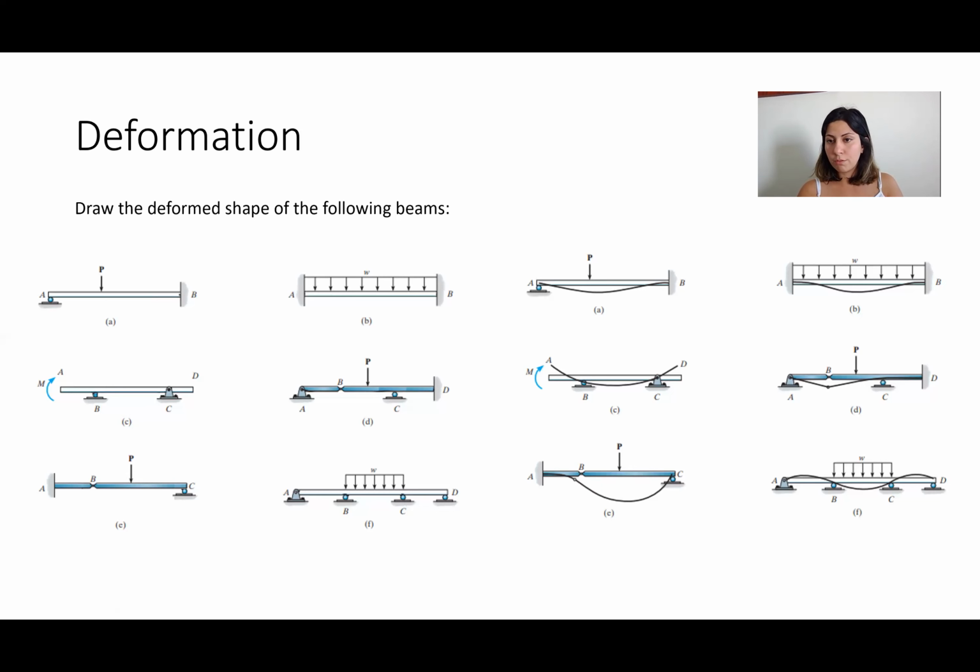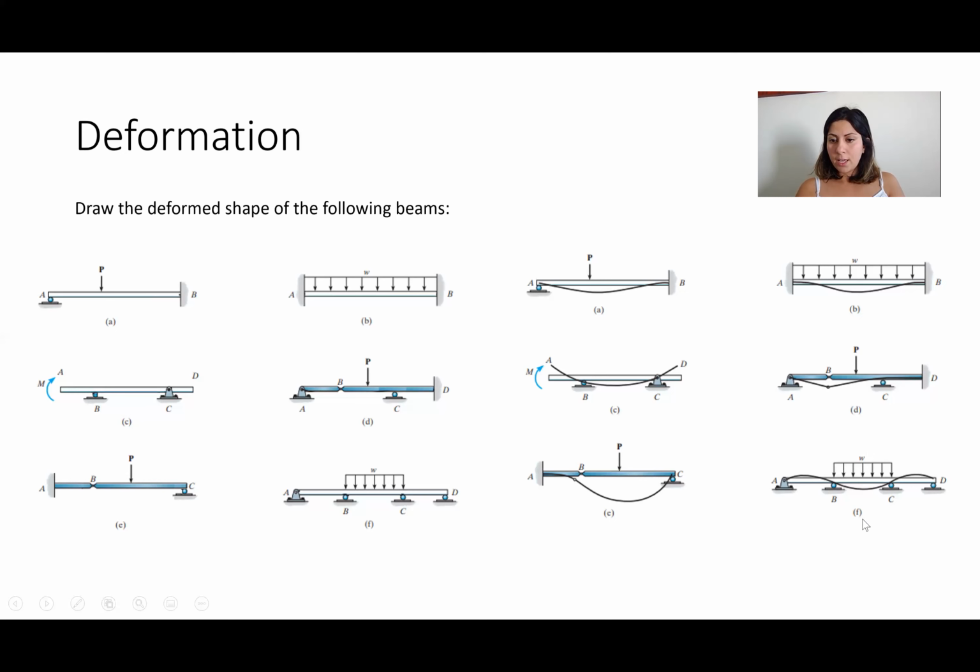So at the point of inflection, the moment is zero. And in this case, the curvature changes as well. It was downward and it turns to upward. So you cannot notice the hinge here.